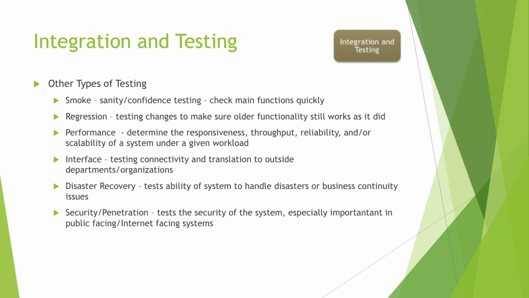So some of the other types are smoke testing, which is a type of sanity or confidence testing. This is where you just go through and check through the main functions quickly to get a very high level view of, overall, does it look like it's working? Regression testing is testing that's done to make sure that older functionality still works as it did before.